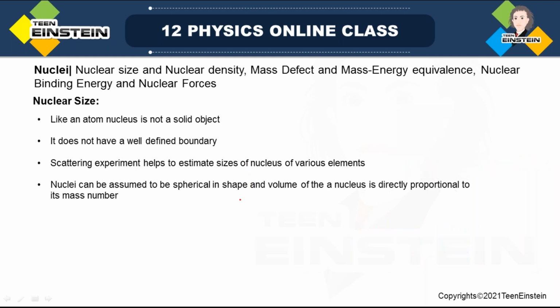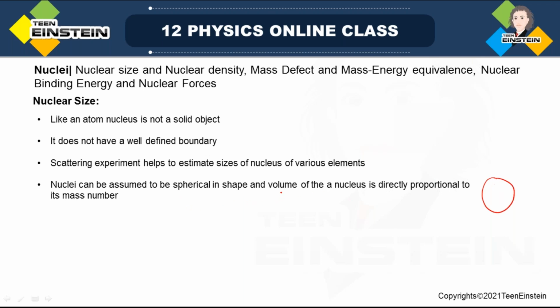And see, we can think of the shape of the nucleus to be spherical in ideal cases. Spherical in shape, we have already learned in the 11th standard what a sphere is. It has three coordinates.